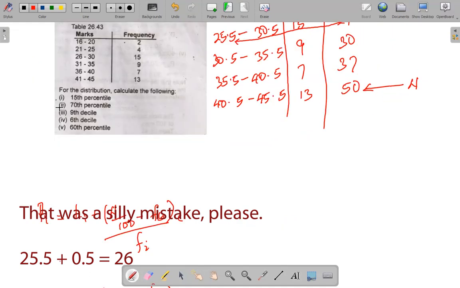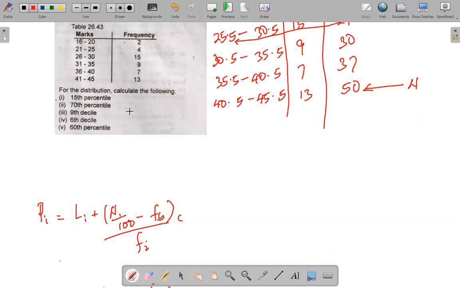Question 2 says the 70th percentile. And how do we get the 70th percentile? It is 70 over 100 n. Remember when we calculated the 15th percentile, it was 15 over 100 n. So here now it will be 70 over 100 n.